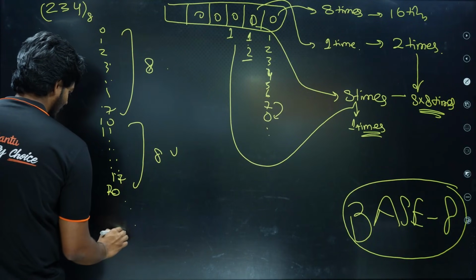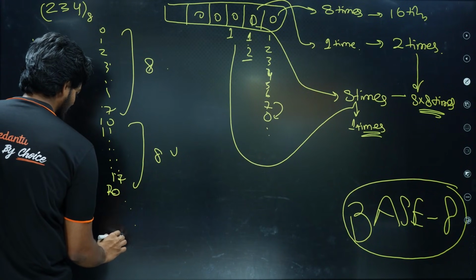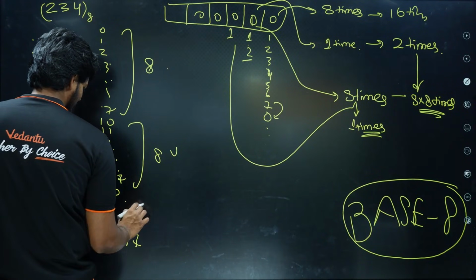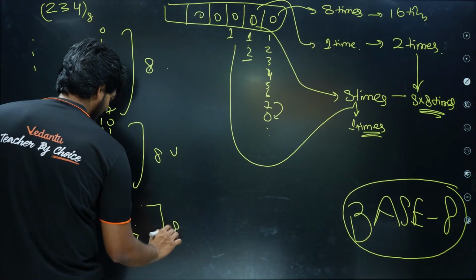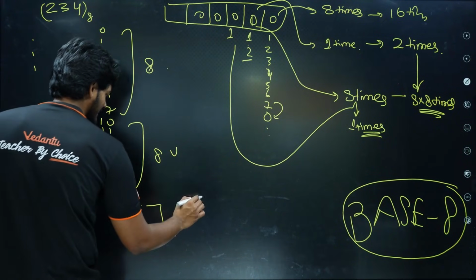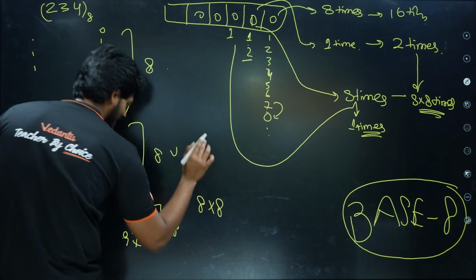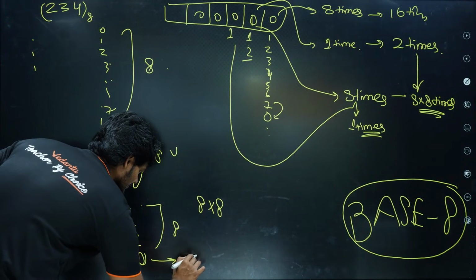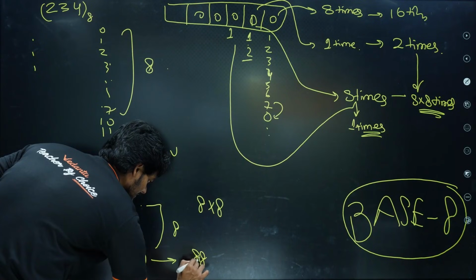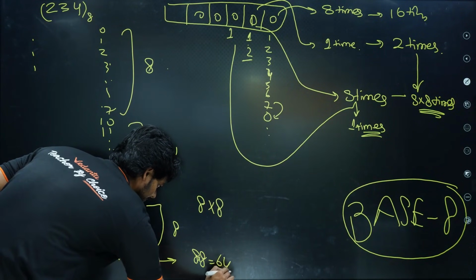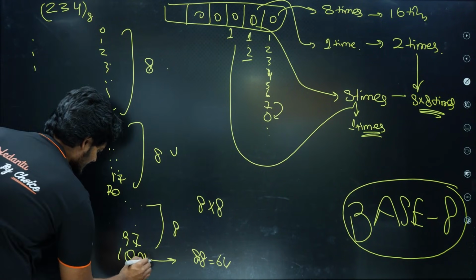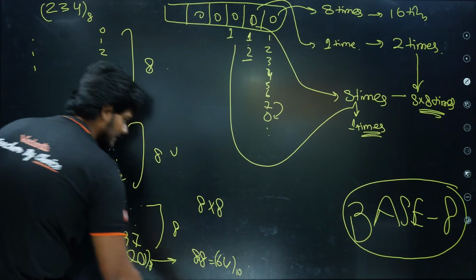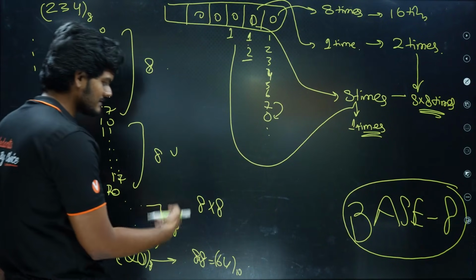Like that. What happens exactly when you go to 77? You'd have gone 8 characters, 8 times. So you have gone 8 into 8 times. So your 100 corresponds to 8 into 8, 64, base 10. So the 100 in base 8 corresponds to 64 base 10.